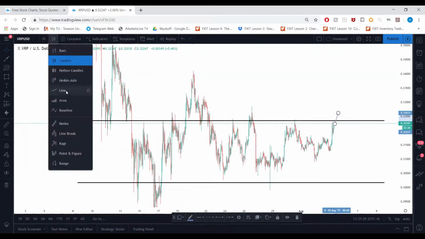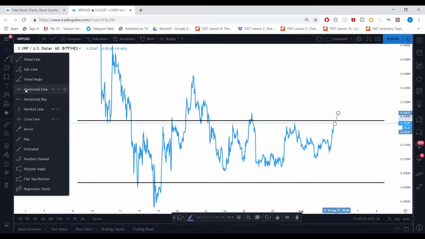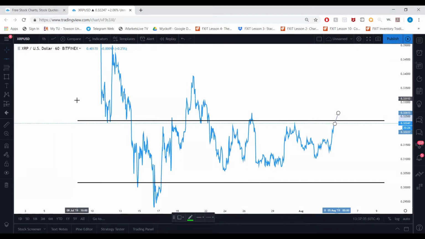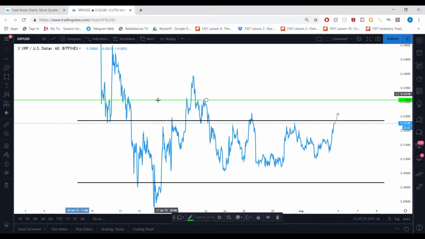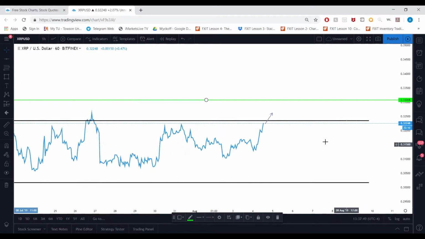Let's see where you can target. Definitely this, so you can target 33. What's that going to be, 70 or 700 pips? I forgot for the crypto.